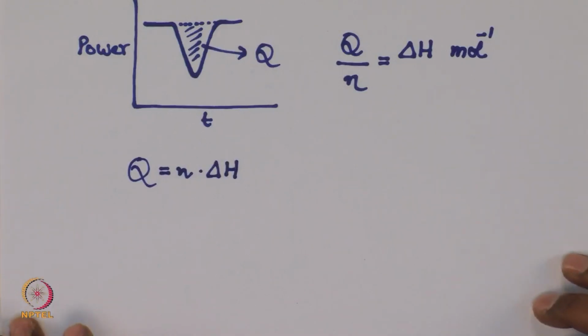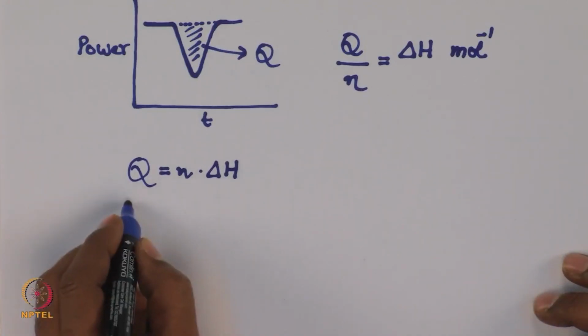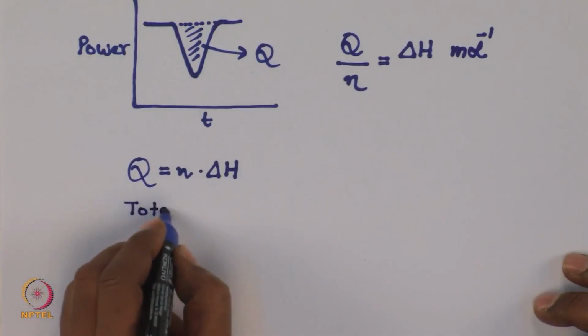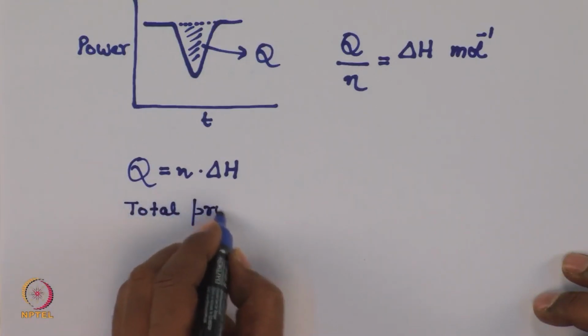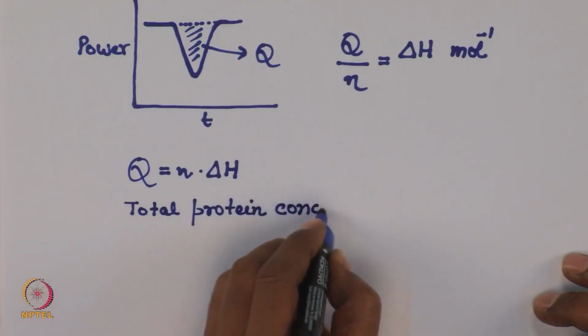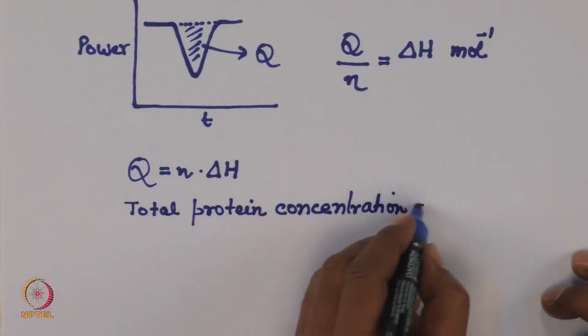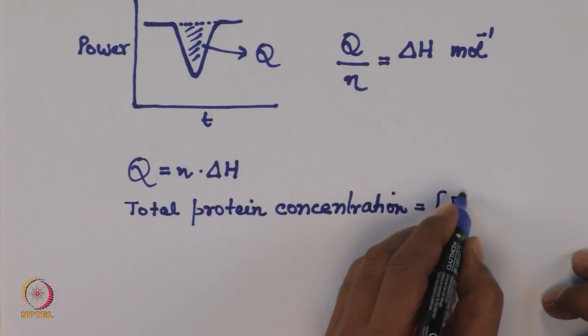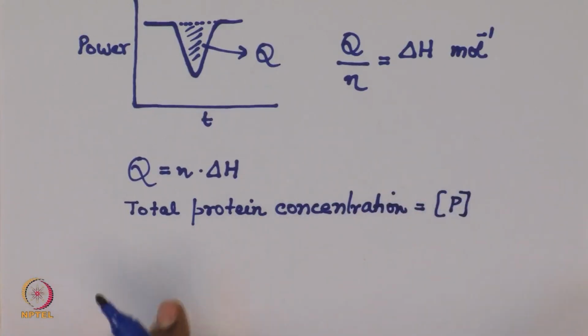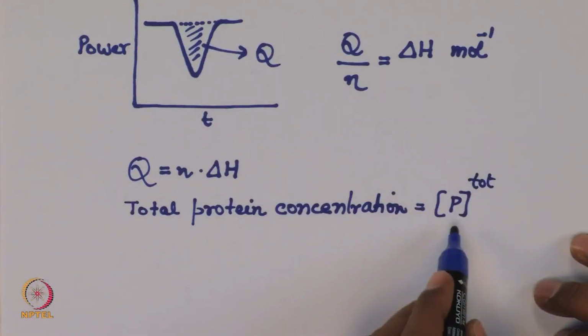Now, suppose my total protein concentration, let me write this as P total, and what are the units of this P total?